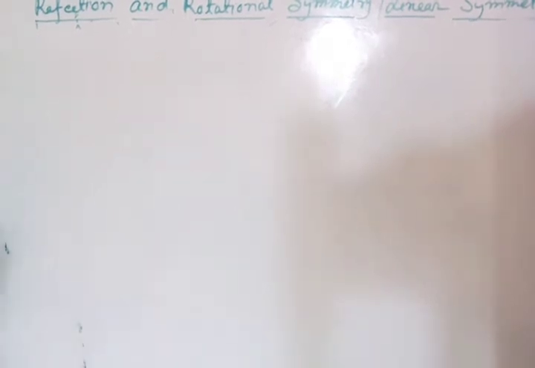Let us tell the definition of reflexional symmetry. A figure is said to be symmetrical about a line L if it is identical on either side of L, okay. So that is the definition of reflexional symmetry. Next move to rotational symmetry.